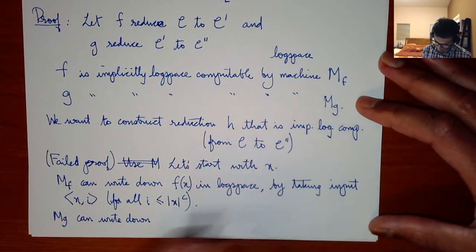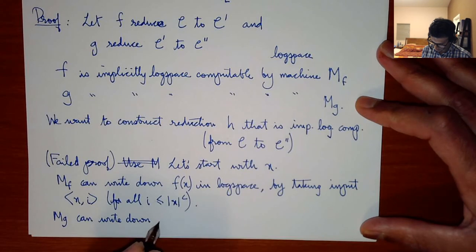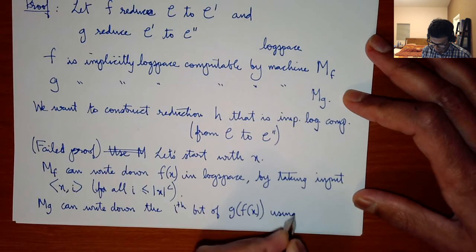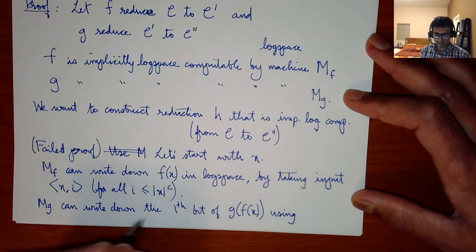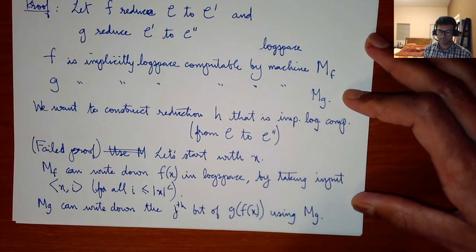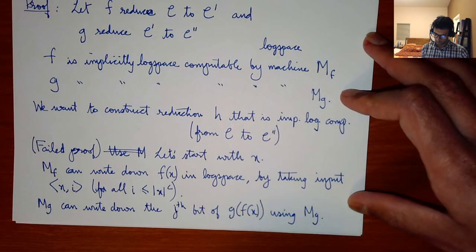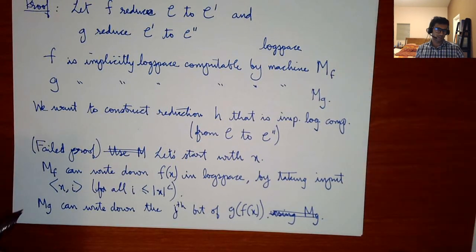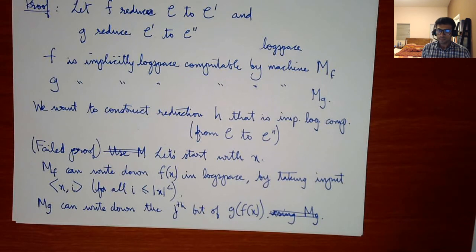So we can write down the ith bit of g of f of x, well, this is not the same i, so let me say the jth bit, using M sub g, using Logspace. This was a Logspace machine, and this is a Logspace machine, so totally it's Logspace. So where's the hole in the proof? What's wrong?